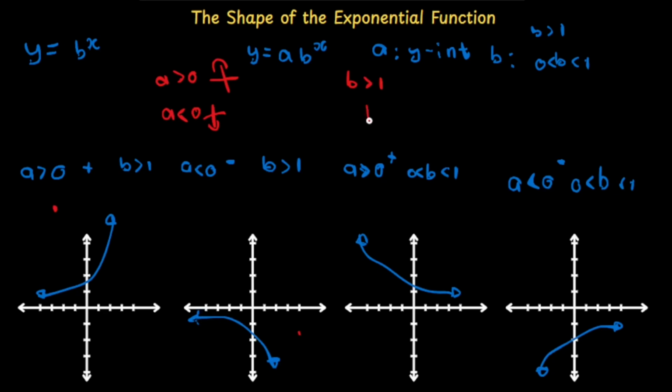But if b is less than 1 but greater than 0, it would start off away from the x-axis and would progress towards the x-axis in its direction, as you can see in this case over here, and in this case towards the right, you would see that it would start off away from the x-axis and it would progress towards the asymptote or towards the x-axis. That's just a simpler way in order to understand it.